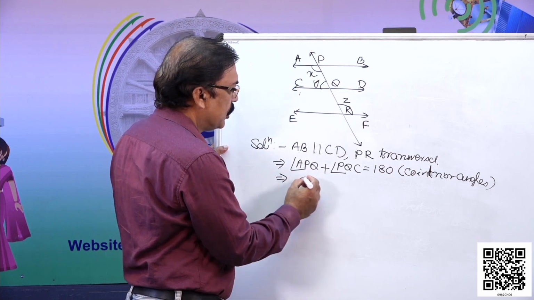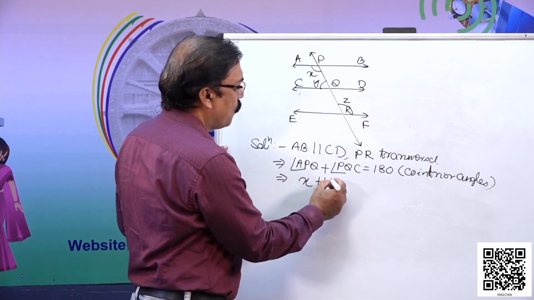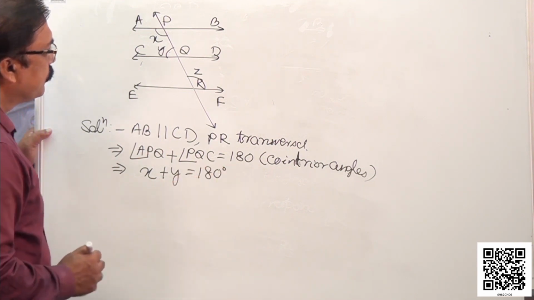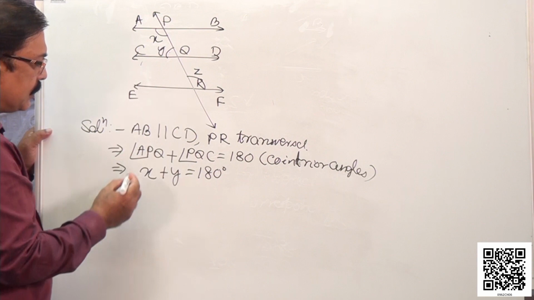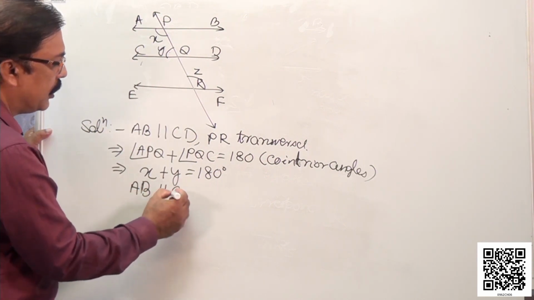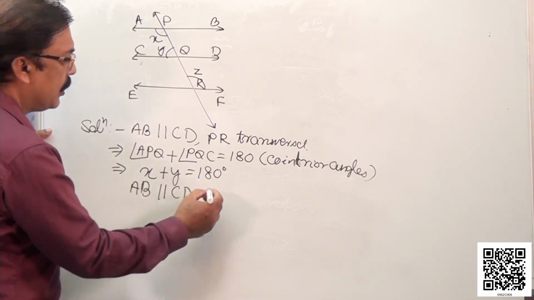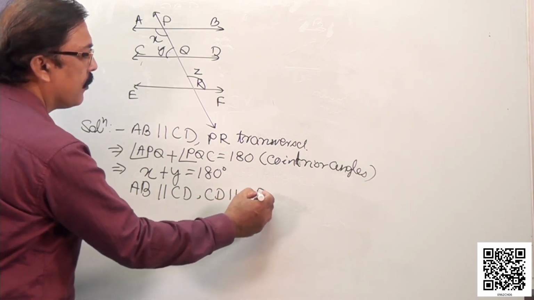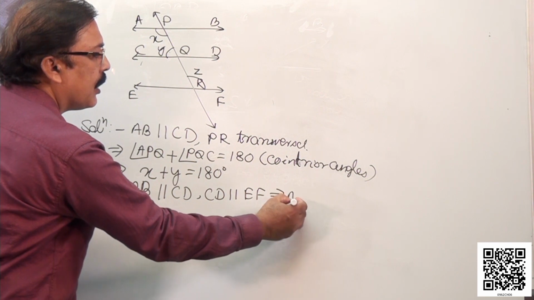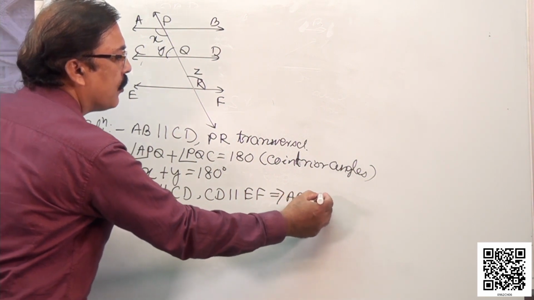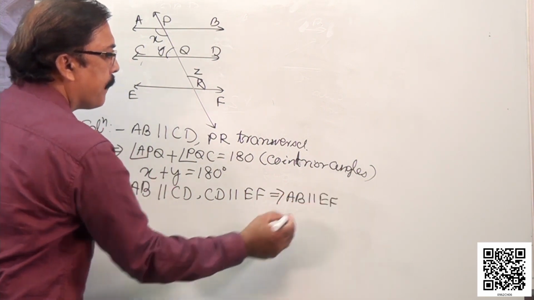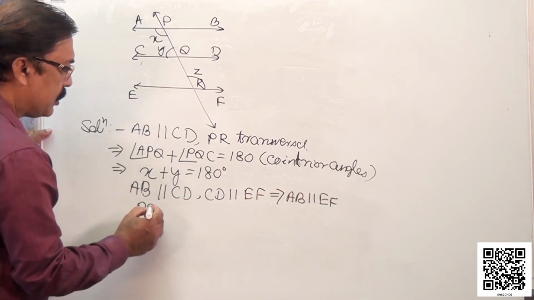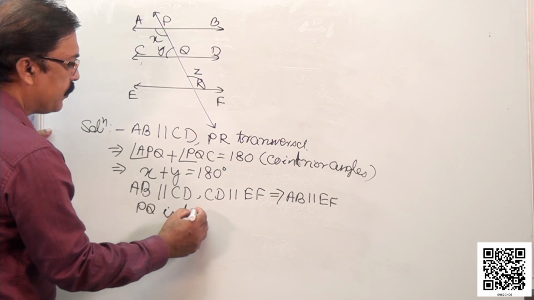This shows that X plus Y is equal to 180 degrees. As AB is parallel to CD and CD is parallel to EF, this implies AB is parallel to EF, and PQ is the transversal.